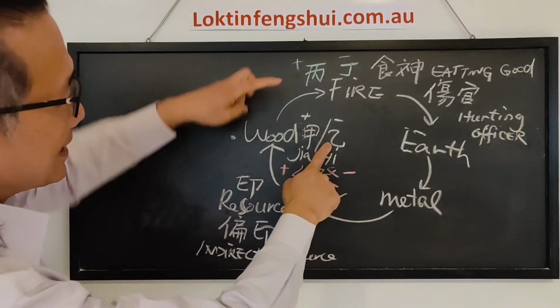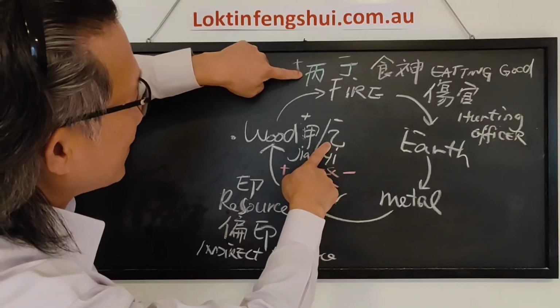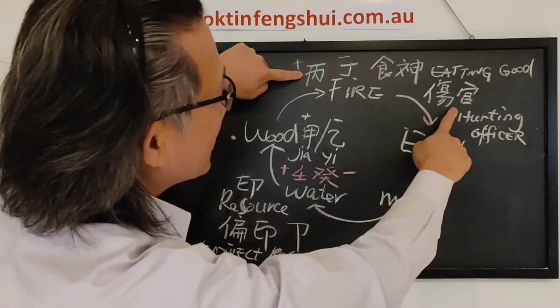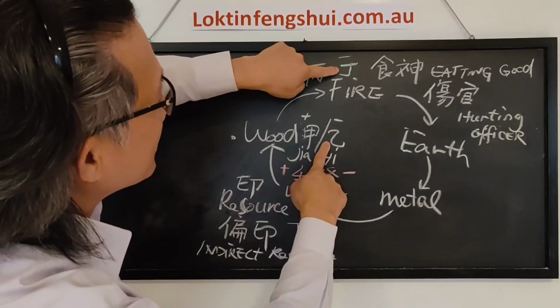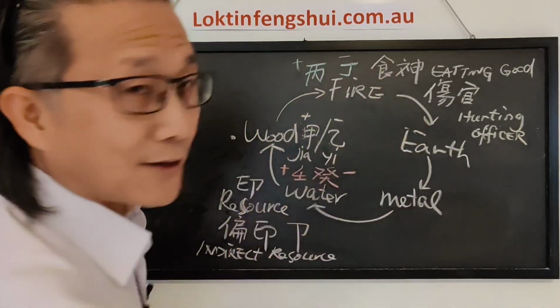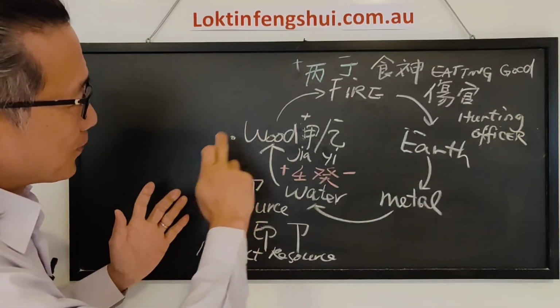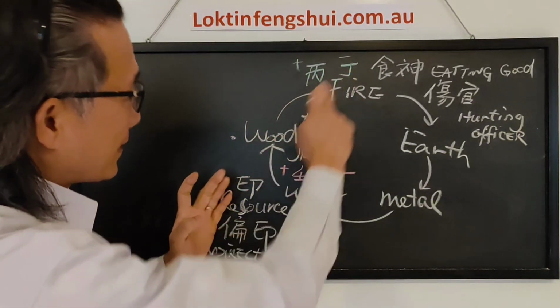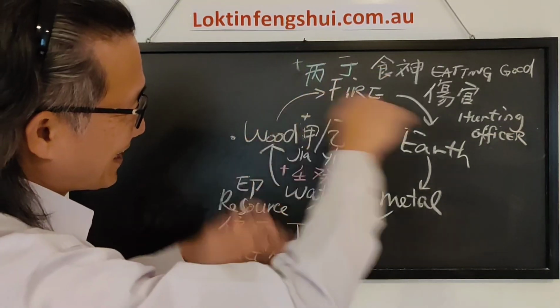Yin wood produces yang fire, which is called the hurting officer, and yin wood produces yin fire, which is called the eating god. Okay, so this is the two relationships, to one above you and one under.